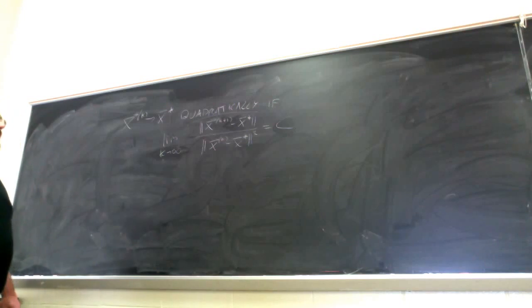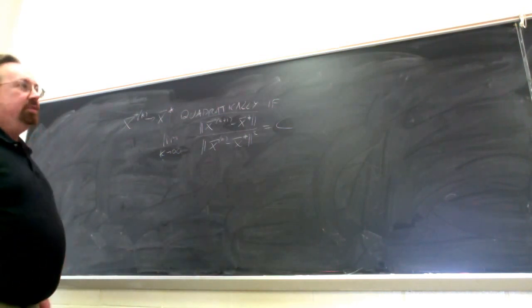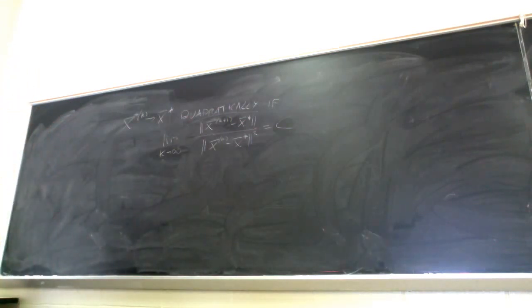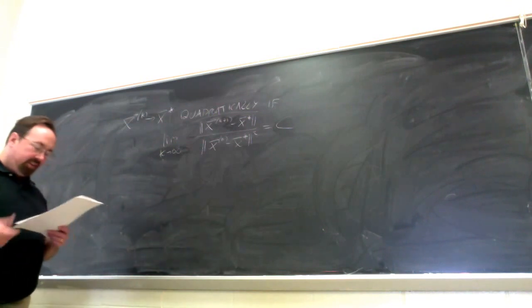There's some constant c such that this ratio of new error over previous error squared converges to a constant. What happens is that basically the number of correct decimal places essentially doubles from one iteration to the next. So in a typical floating point system, 4 or 5 iterations is going to be all you need in most cases.